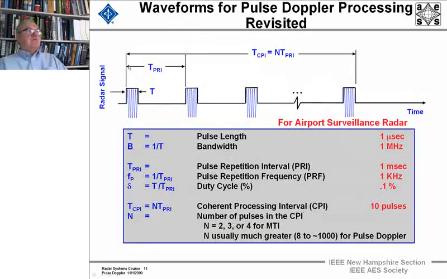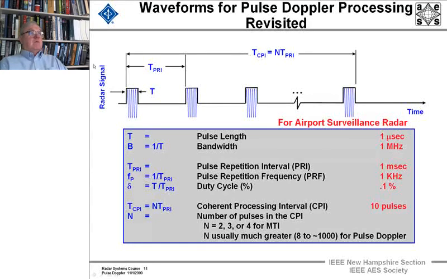Just to remind you, this is our set of pulses, and this is the pulse repetition interval. This is the pulse width, and this is the unambiguous range of the radar. If we change the time axis to a range axis, they're linearly related. Remember that the returns from here would alias down to here, and the negative ones would alias up.